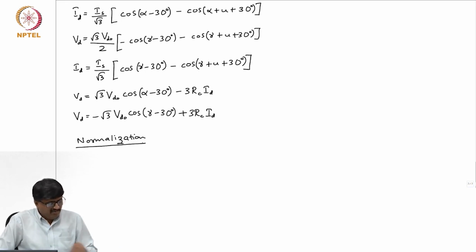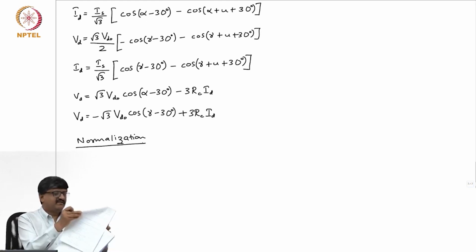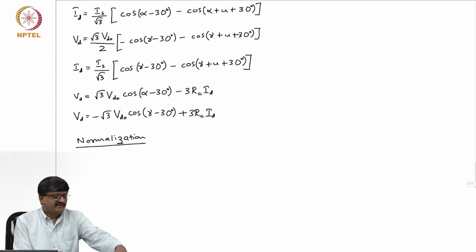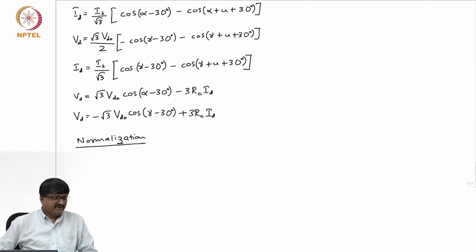So if I take the DC side voltage or the DC side current, then I need to find the appropriate base value. So I get a normalized value or the quantity in per unit by dividing the quantity by the base value.